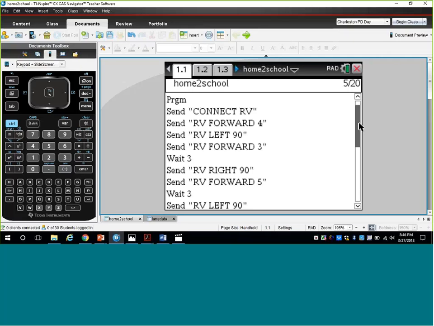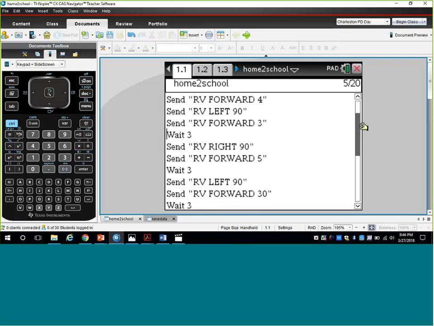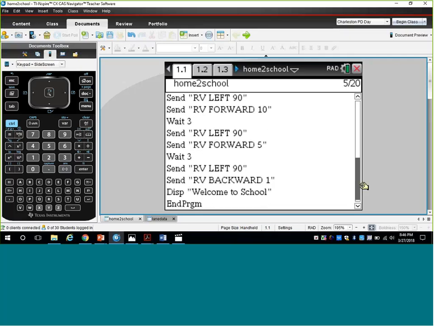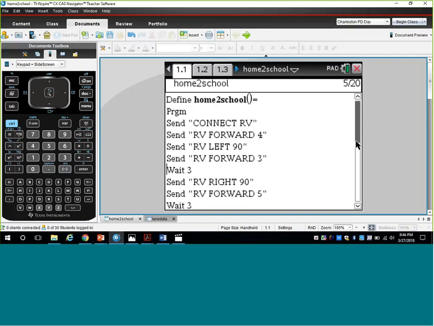Then they started the program and played around with it. This is what we did for maybe 1.5 Fridays. We did the basic program. You'll see it wasn't very long, this first one that I had them do. Very simple, just going forward, left, right, and they did a little backwards.